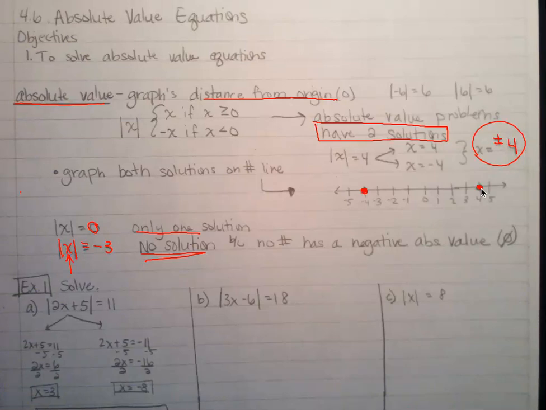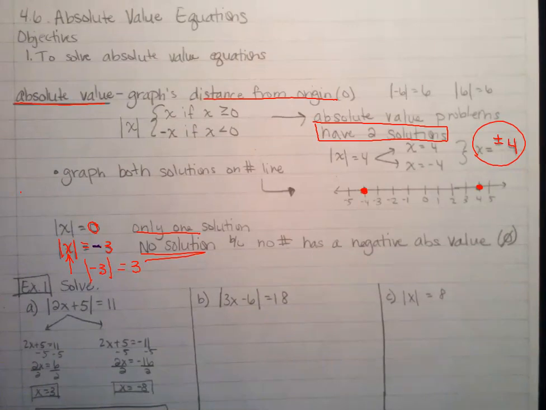If I put -3 inside there, what does that equal? 3. I can't get out a negative. Absolute value is never equal to a negative. This is the key, the fact that the absolute value is set equal to a negative. That is impossible. Okay? All right.